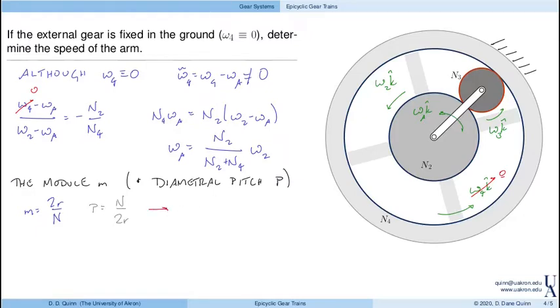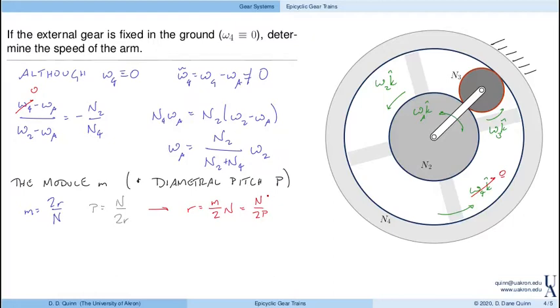So in particular, R is equal to m divided by 2 times n, or R is equal to n divided by 2p. Again, m and p are reciprocals, although often given in different units.